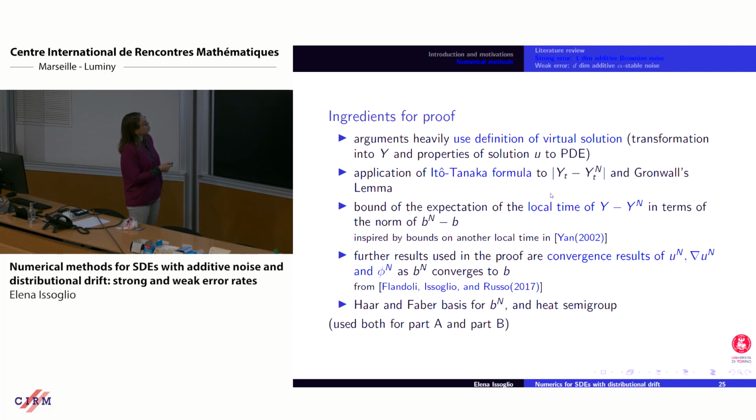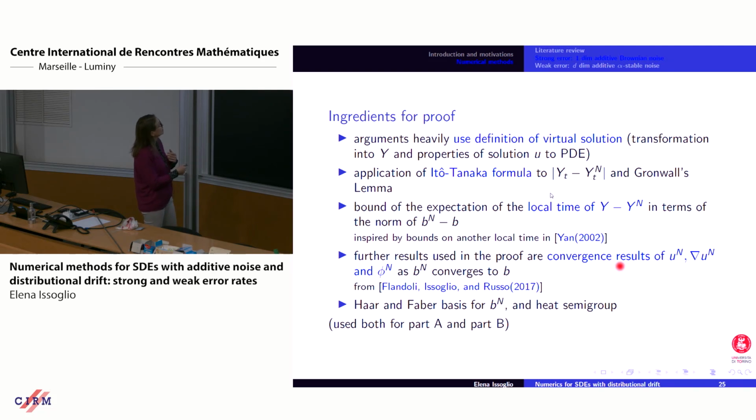So we got inspired by this paper by Jan, where we're using another local time. And then, of course, we use heavily the properties of the solution U and of the stability of the solution U, which is the solution to the singular PDE. So we really know a lot. The singular PDE, which is the one used to transform from X to Y, we know a lot. We have all the convergence results that we need.